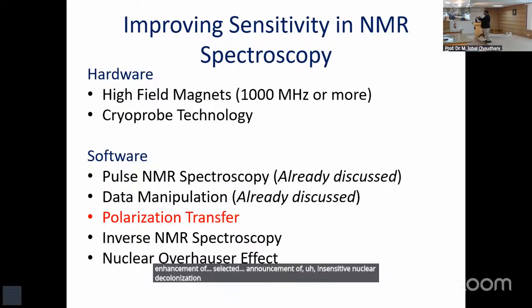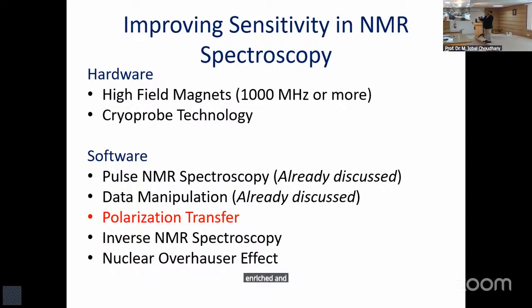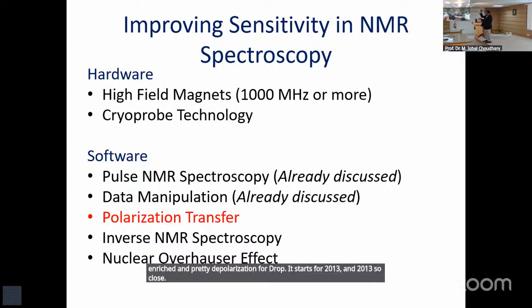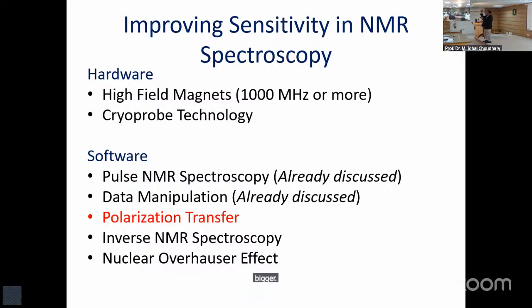So many of these experiments were designed in which the polarization of the proton is temporarily transferred to carbon-13, and the carbon-13 signal looks bigger, right? So this is the software way of improving the sensitivity. We'll spend a whole lecture on it.